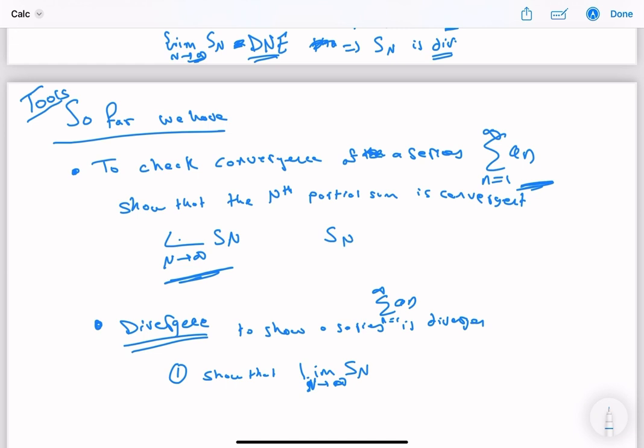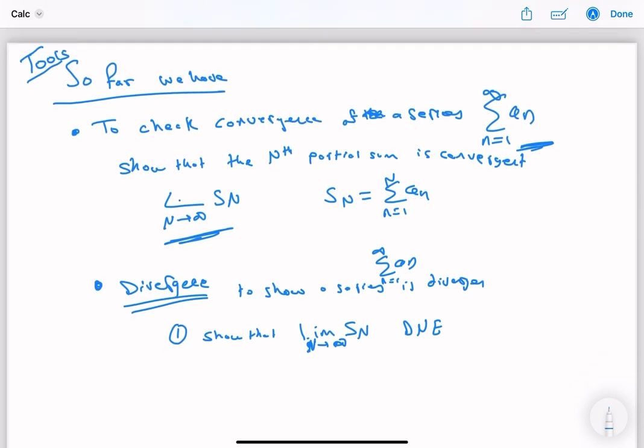I remind you, the partial sum is the sum from n equals 1 to N of an. So this is one tool you have for divergence.